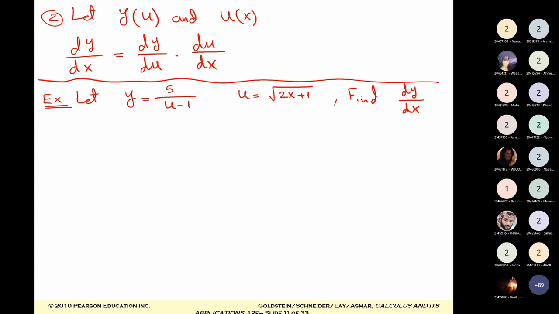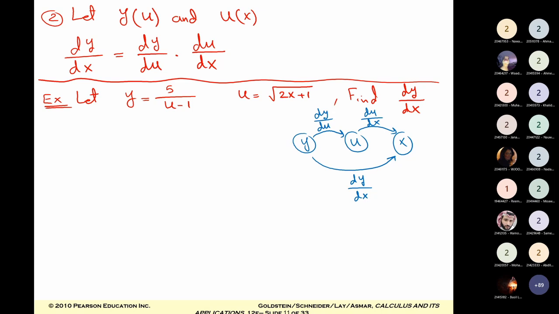Okay, the solution is: we have y and u, and u and x. Firstly, if we need to find the derivative, the first step is to find dy over du and du over dx, like this.